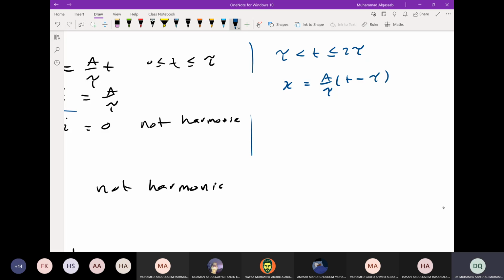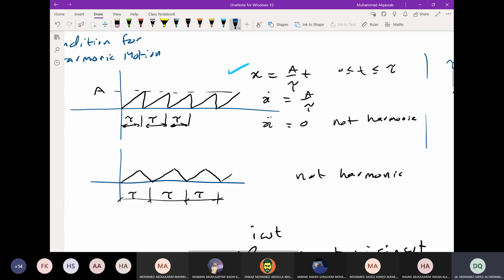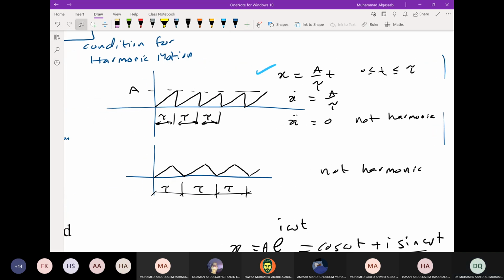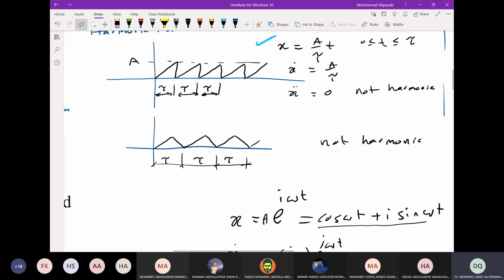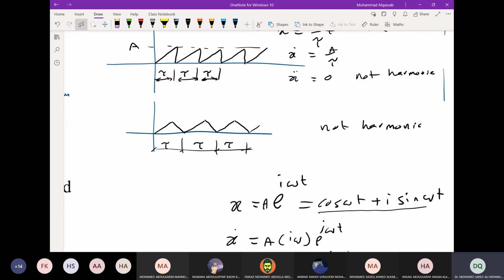So when t equal to tau, it is 0. When t equal to 2 tau, it is a. Okay, so again, this is not the same equation. For each interval, you have to define an equation of motion or equation that represents the displacement. The same thing, of course, for all other periodic functions. This is also, you need to define interval by interval.